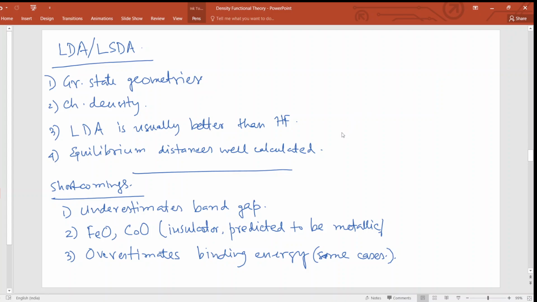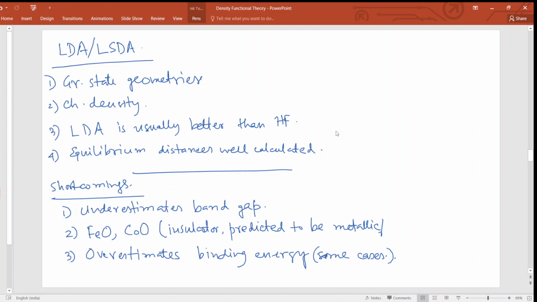Now, the shortcomings are that it underestimates the band gap. If you are talking about a semiconducting material, the estimated value of the band gap is sometimes low. For some materials, such as iron oxide and cobalt oxide, the prediction is not completely correct.